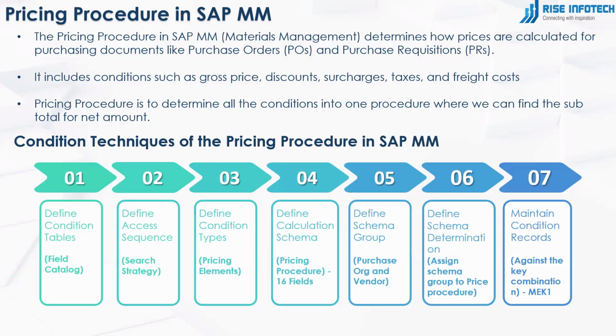It has some procedure based on which the material is priced, and defining the schema group. It is the purchase organization and vendor. And the next one is defining the schema determination. It is assigning the schema group to the price procedure. Next one is maintaining the condition records. So it is the records in which all the conditions which we defined are recorded or stored.